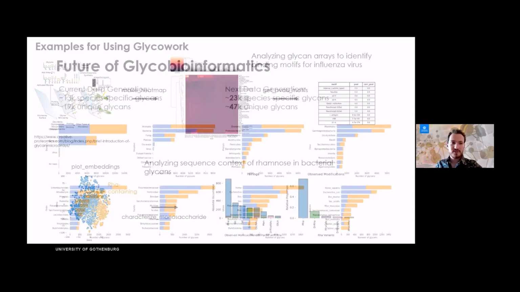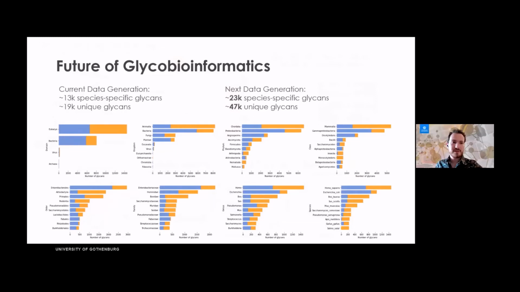So everything I showed you up to now was done with this data set here. We work with about 13,000 species-specific glycans, 19,000 unique glycans. What makes me very optimistic about the future of the space is that what we are currently working with internally are these numbers: 23,000 species-specific glycans, 47,000 unique glycans, and we are in the process of generating the next data set that is even bigger, and some of the differences are shown here.